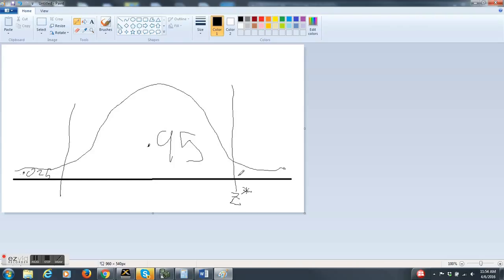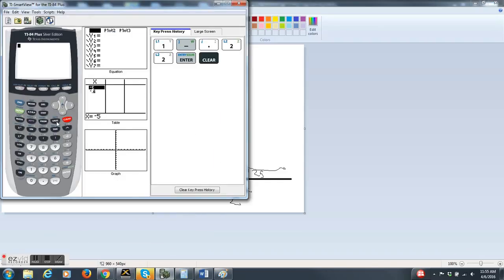So if I have 95% confidence, I think about going between here and here, where I have 0.95 in the middle, and my z star is right there.